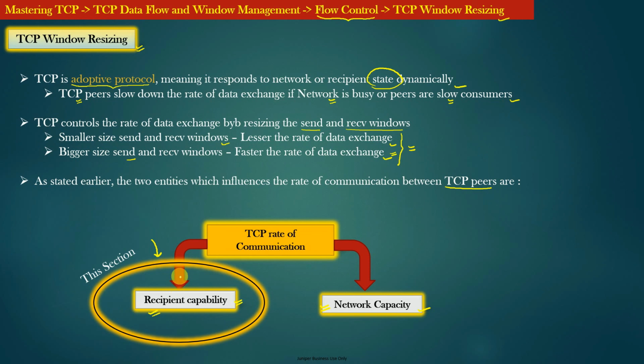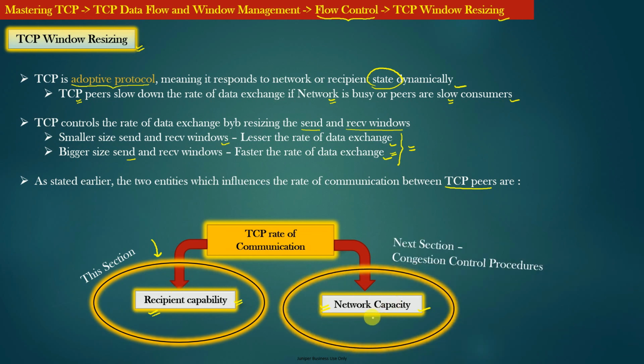Whereas in the last section of the course, we will focus on the network capacity, which influences the rate of communication between TCP peers. So now let us discuss in detail what happens if the recipient's rate of consumption of data is slower than the rate at which the TCP data arrives at the recipient machine.